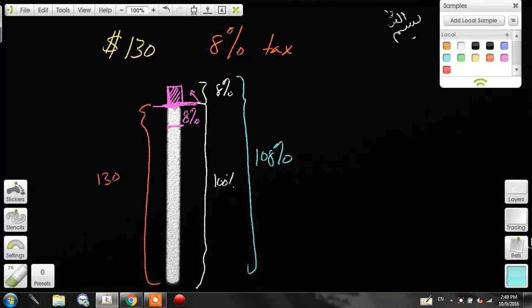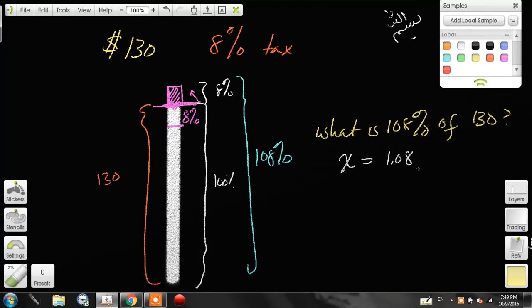So the question is, what is 108% of 130? X equals, turn that into a decimal, 1.08 times 130.